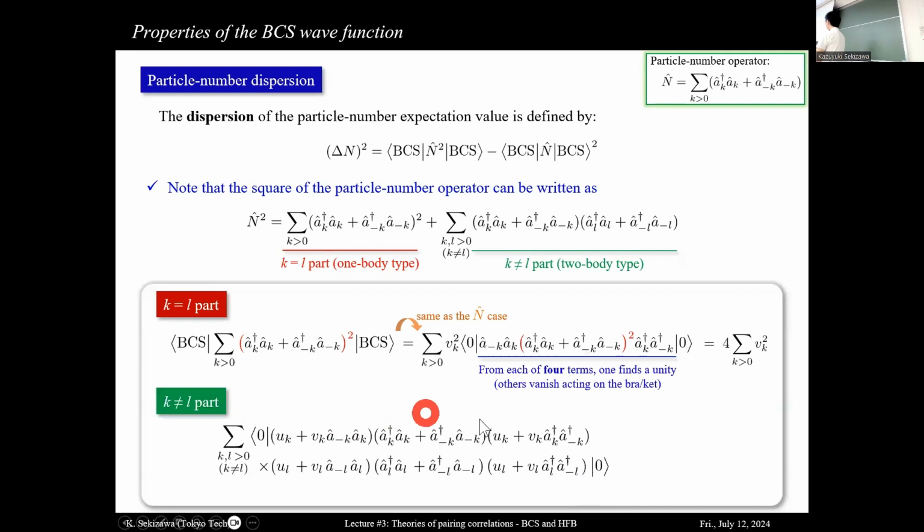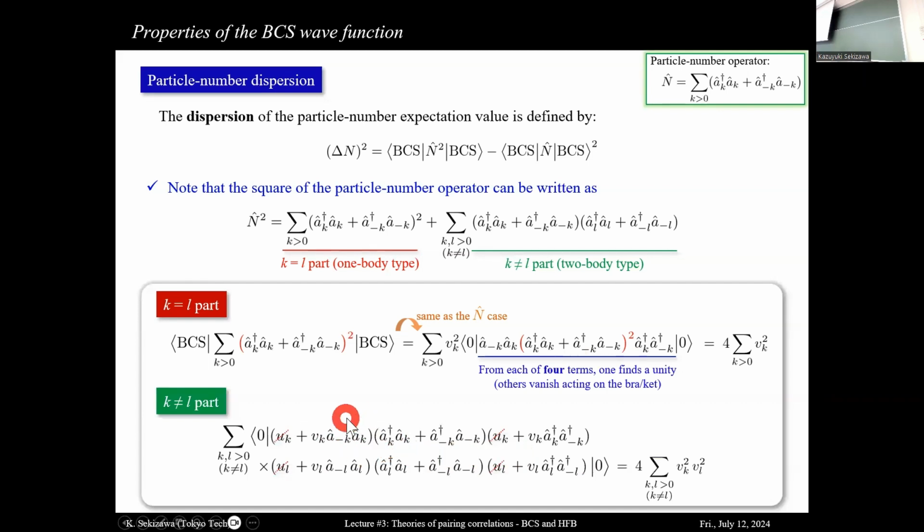And now what we should do is to evaluate this, but again, we can discard these u terms because of the operation of a dagger on the kept state. And you can count the number. So there are 4 terms of uv.